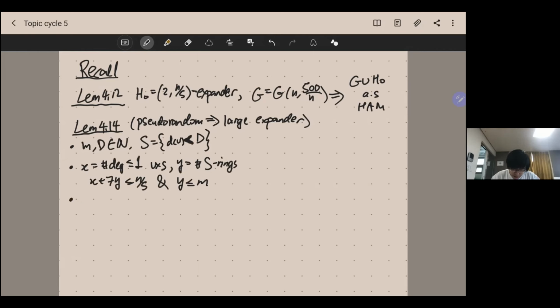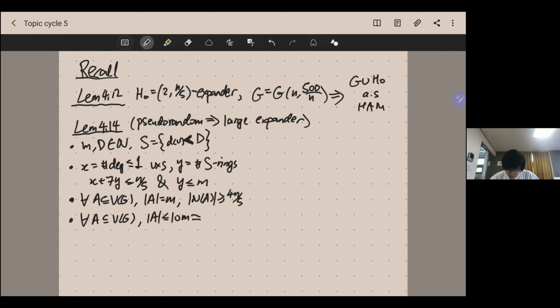The second condition is large set expansion. It says that for any A, where A is of size M, then you reach lots of vertices, 4n/5. Large set expansion. The last one is upper uniformity. There's no dense patch: for any A in V of G, where you're not too big, the number of edges induced on A is less than dA/100.